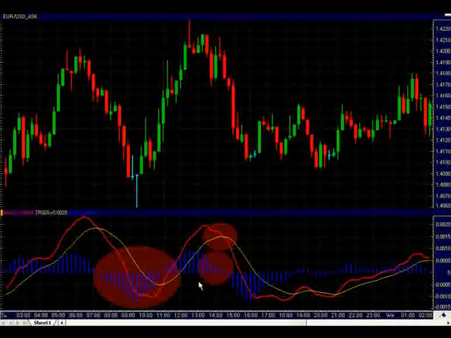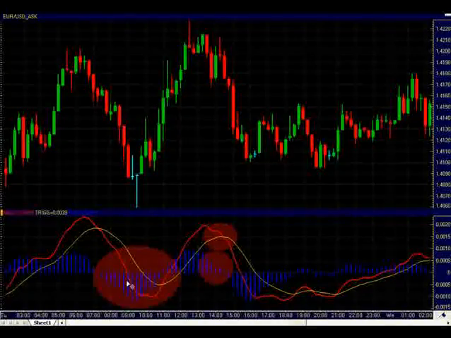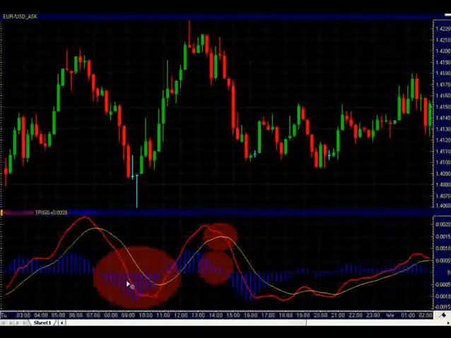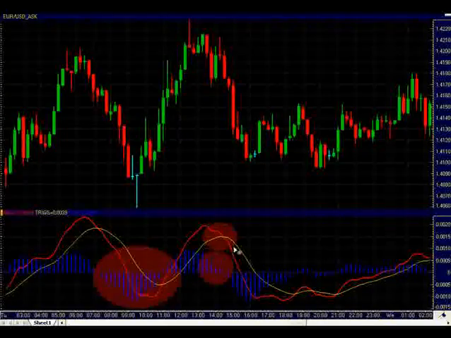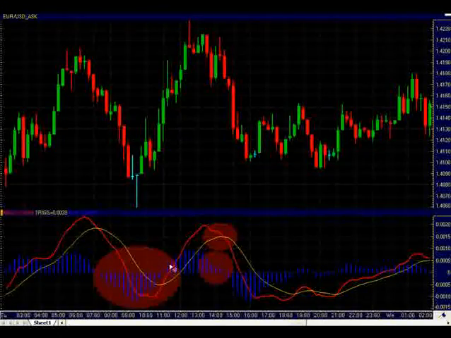This histogram is simply plotted based on the two moving averages. As they pull apart from each other, and remember, we're dealing with a 26 and a 12 moving average, as the 12 pulls away from the 26, depending on which direction it's pulling, that plots this histogram right here.